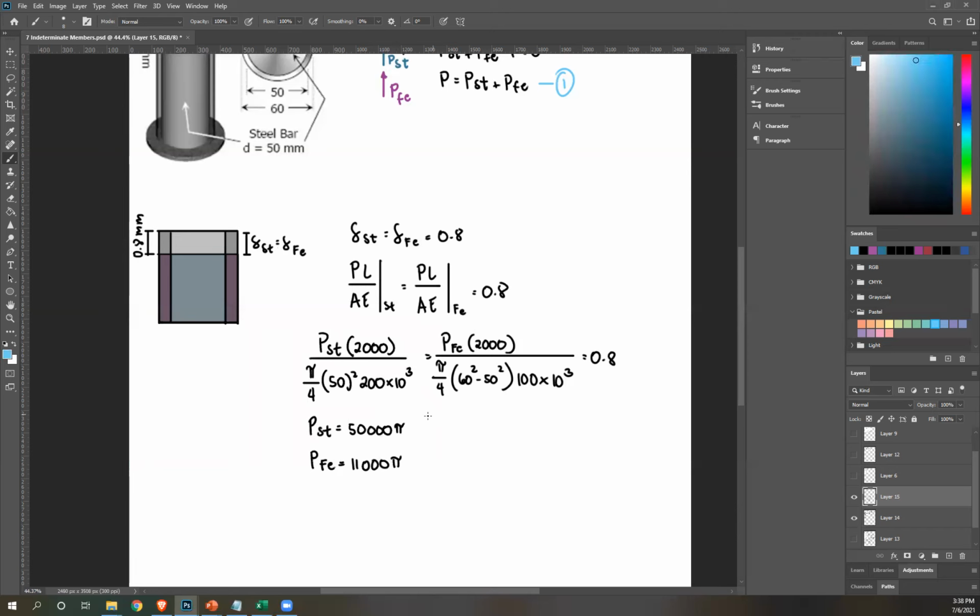Okay, now that you have these two, you can sub it in equation 1. So P equals PST, which is 50,000 pi, plus 11,000 pi. Please solve what's the final answer.